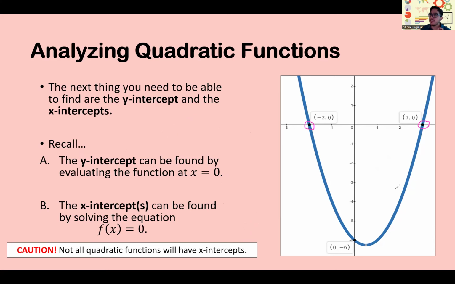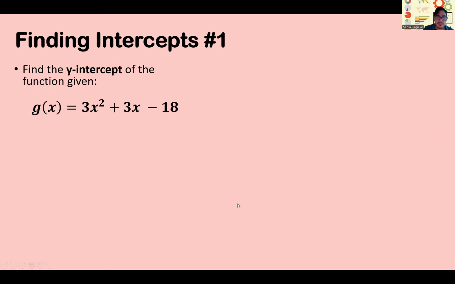But imagine that I use a transformation and moved this entire function all the way up so that it's no longer crossing or even touching the x-axis? Well, we might run into some graphs that look like that. And in those cases, we're not going to have x-intercepts, okay? So we'll talk about some examples where that might happen and what to look out for, okay?